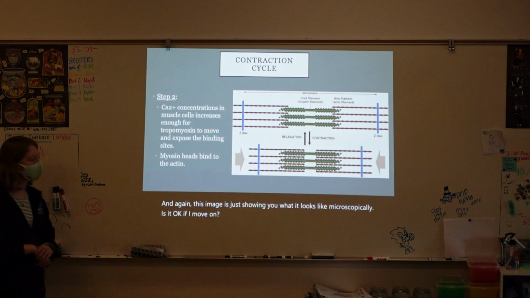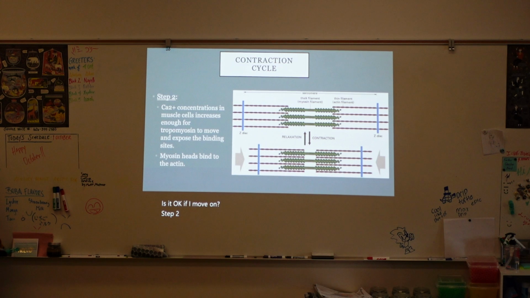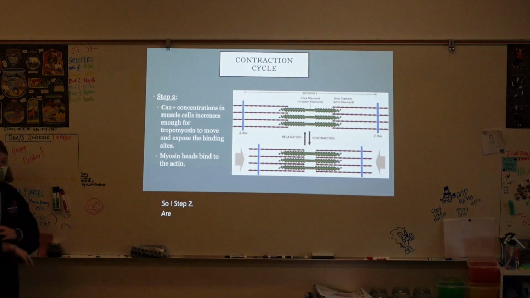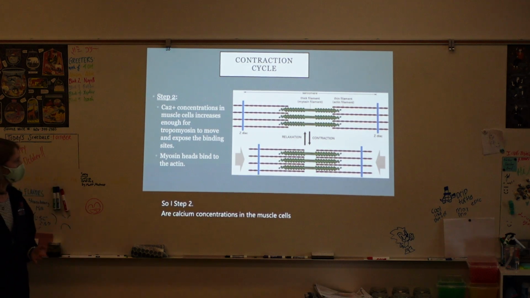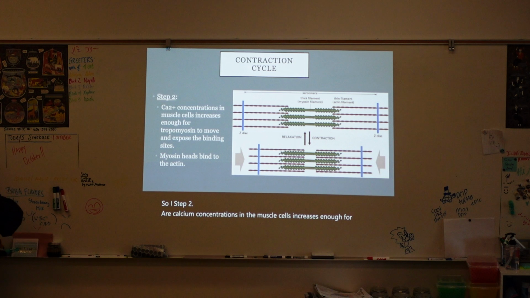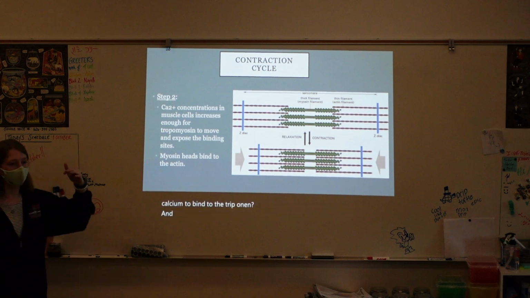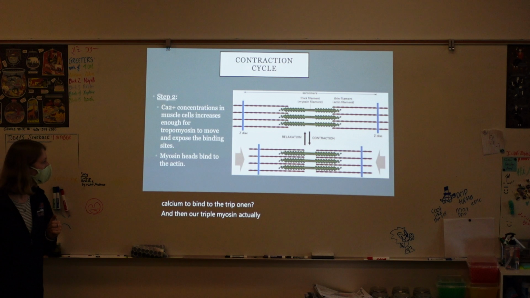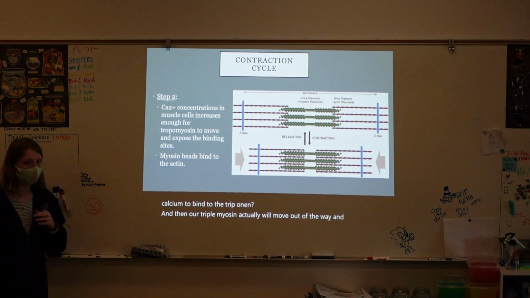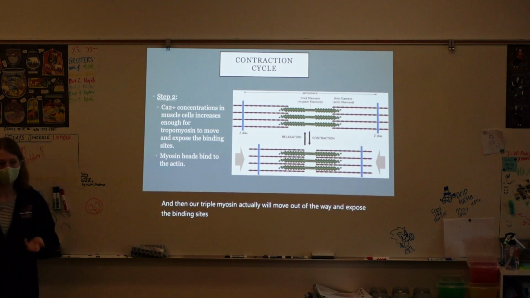So our step 2. Our calcium concentrations in the muscle cells increase enough for our calcium to bind to the troponin, and then our tropomyosin will move out of the way and expose the binding sites for myosin.